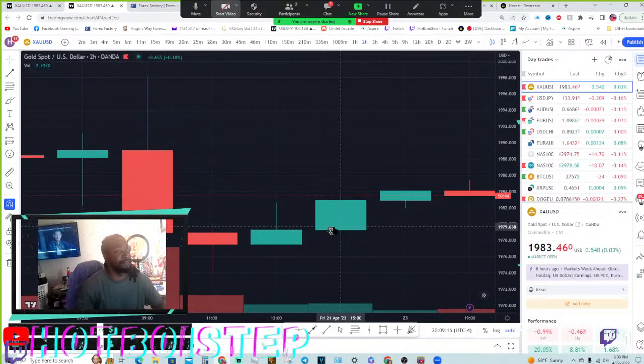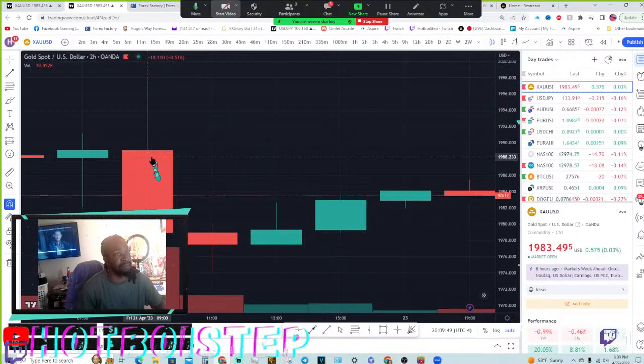So for green candles, it starts off at the bottom and it ends at the top. For this 2-hour time frame, it started on Friday at 3 o'clock at 1979 and ended at 1982. And for this red candle right here, it started off at 1989 and ended at 1979.